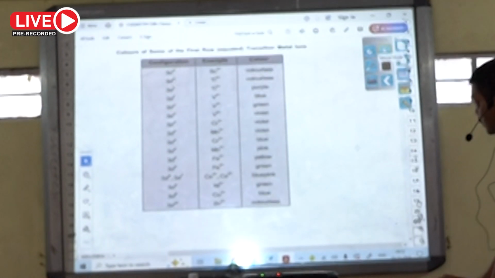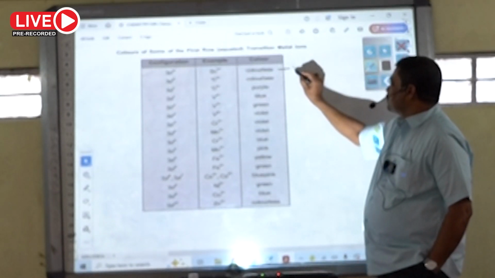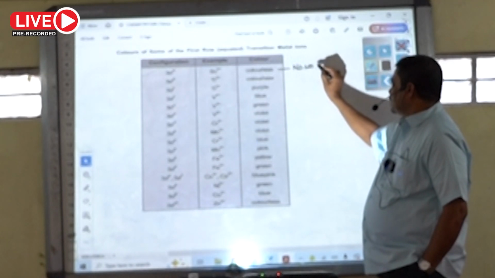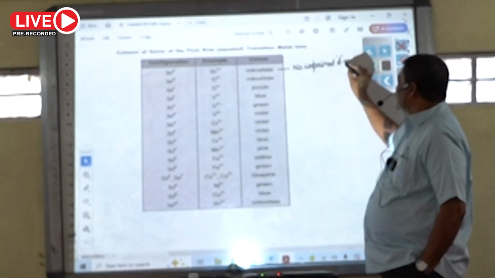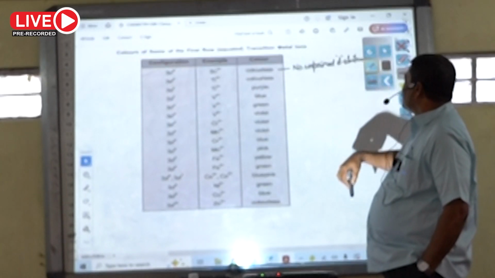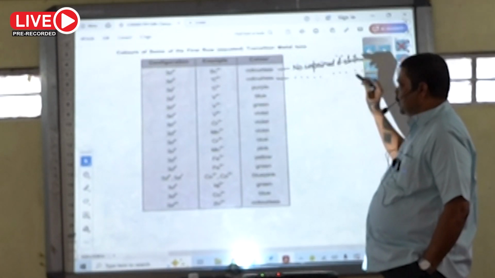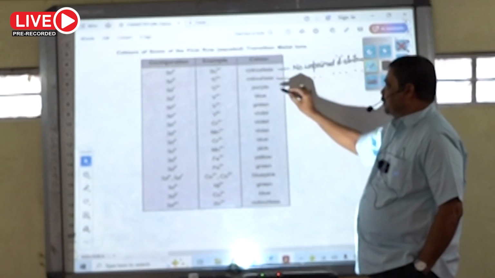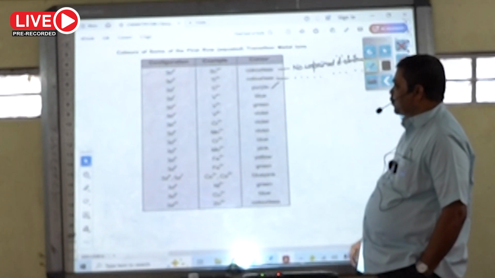Here you see some of the colors. Scandium 3+ is colorless because no unpaired d electrons. Titanium 4+, colorless, same answer. Titanium 3+, purple. Vanadium 4+, blue.